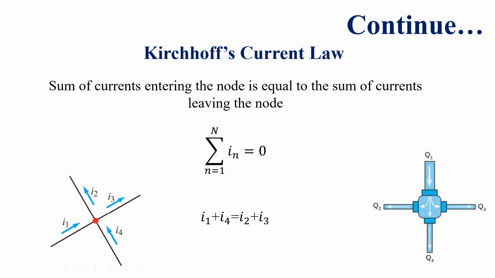Q1 pipe shows the entrance of water, and we have 3 pipes Q2, Q3, Q4 from which we can see the leaving of water. So entering water Q1 equals the water leaving from Q2, Q3 and Q4. Exactly the same phenomenon as we have seen in Kirchhoff's current law.